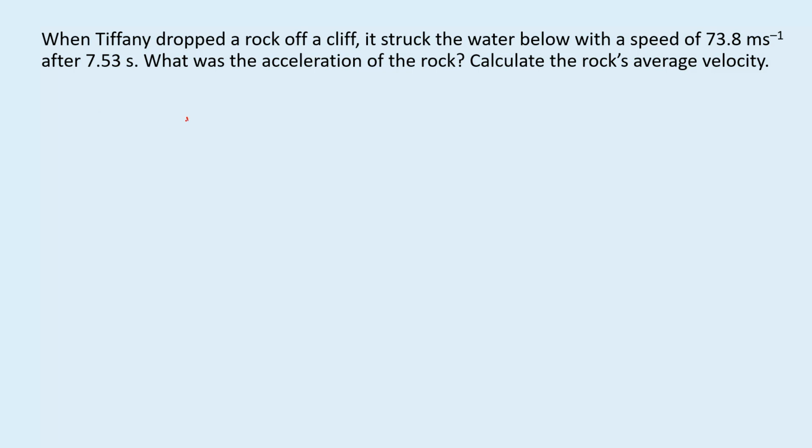So we've got a kinematics equation for this. A equals V minus U over T. And then we simply put our numbers into this equation. So the velocity that it hit the water below, the question tells us, is 73.8 meters per second. Great. She dropped the rock, so the initial velocity was actually 0, so U is 0.